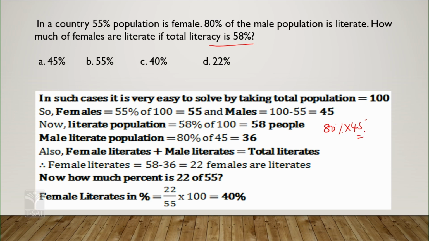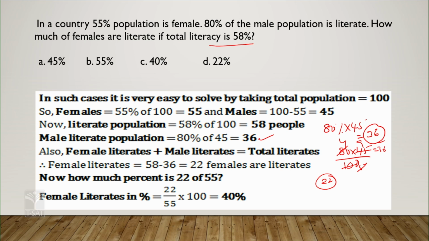What is 80% of 45? That is 36, correct? You can calculate simply 80 into 45 by 100: 4 5s are 20, 4 4s are 16... that is 36. Means the literate male population is 36. The total literacy is 58, means the remaining is 22, means 22 females are literate.